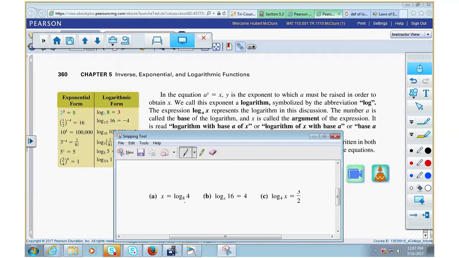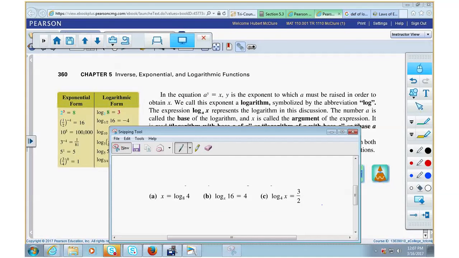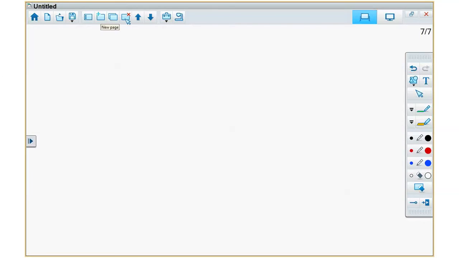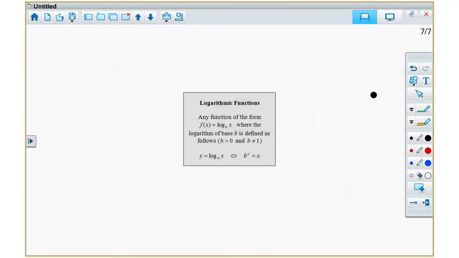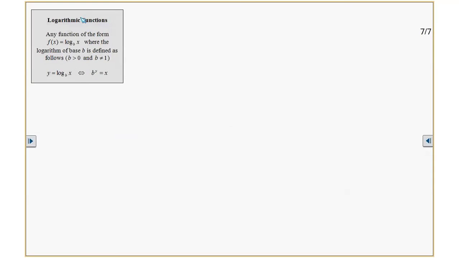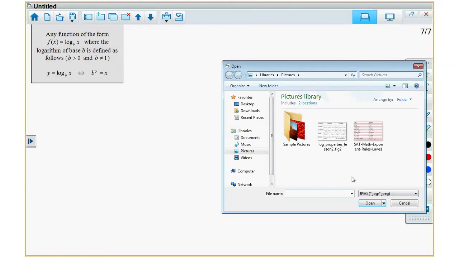No. And whiteboard. Right, I can't bring in that stuff on the transparency. All right, there's my definition of logarithm. And then bring in the problems.